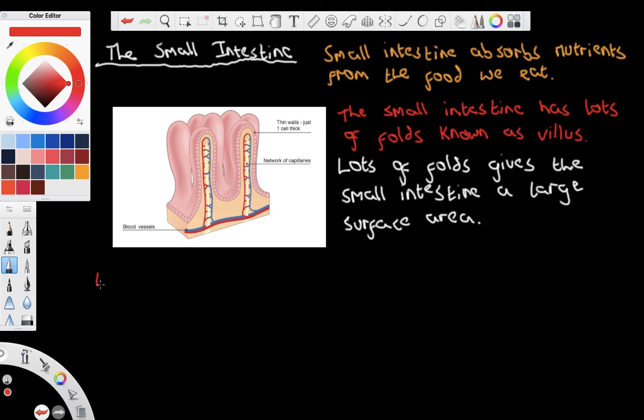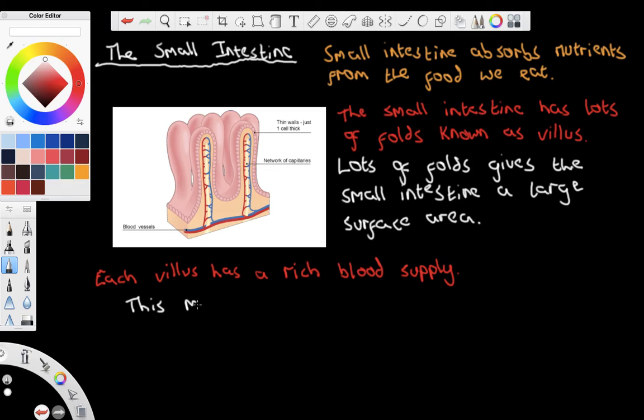So we can say that each villus has a rich blood supply, and we can add underneath that by saying that this maintains a high concentration gradient.